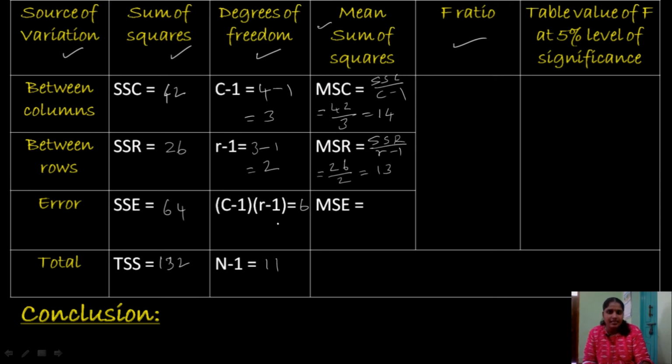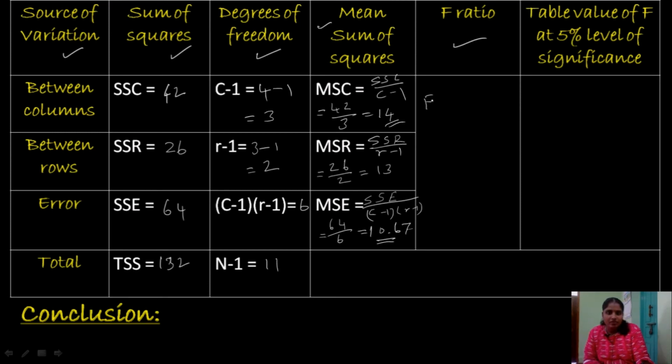And MSE, by taking the ratio of SSE over (C minus 1) into (R minus 1), we get MSE, that is 64 by 6. So if we divide 64 by 6, we get 10.67, isn't it?